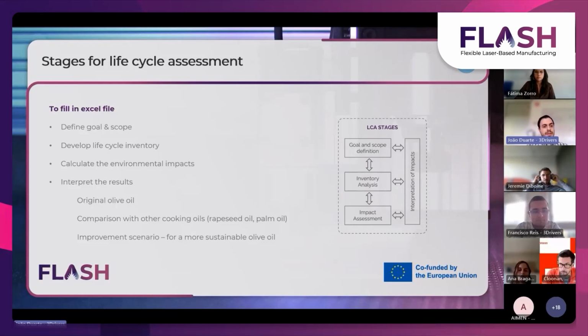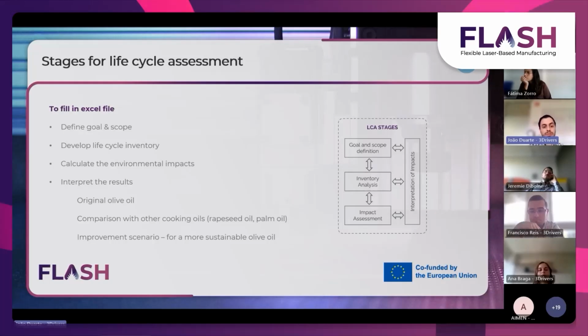So in this example, we'll look into the definition of the goal and scope. We'll develop the life cycle inventory, which will include the various inputs and outputs for the system.